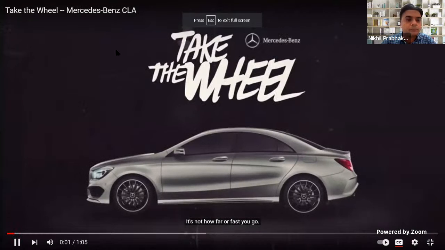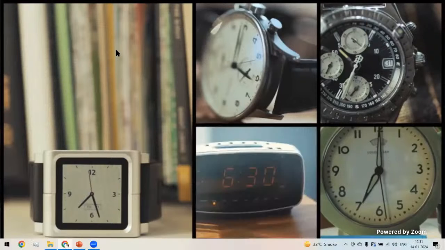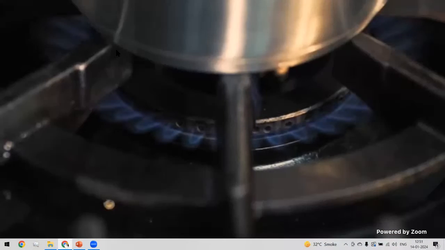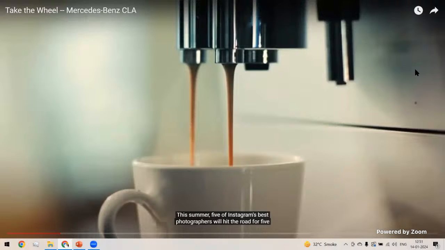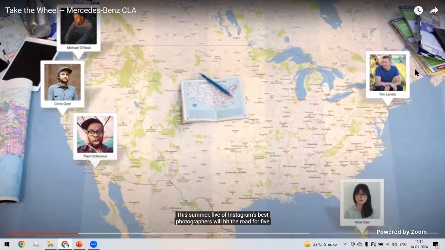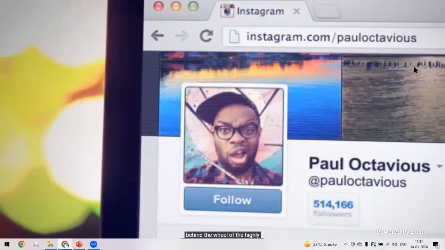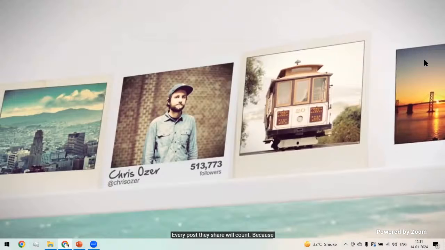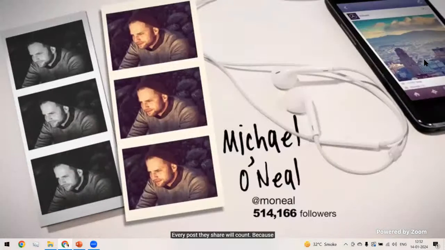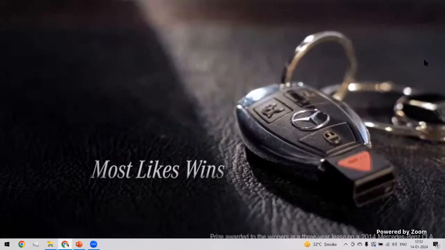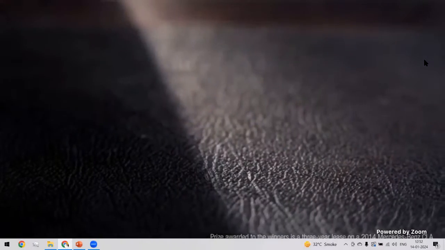It's not how far or fast you go, it's who follows you. This summer, 5 of Instagram's best photographers will hit the road for 5 days each, behind the wheel of the highly anticipated Mercedes-Benz CLA. Every post they share will count, because whoever gets the most likes during their week keeps the CLA.